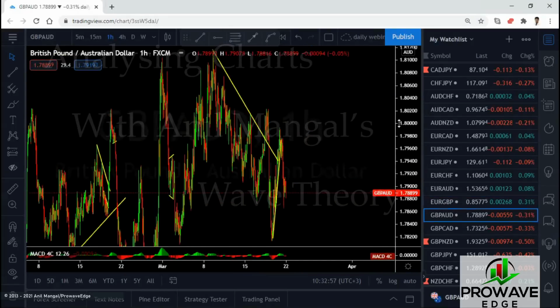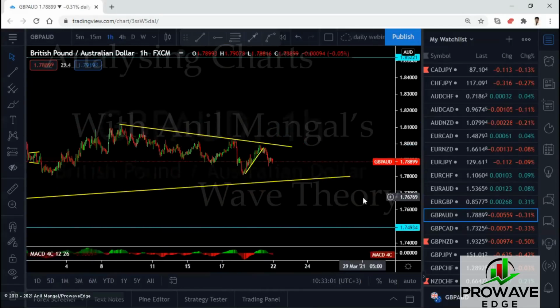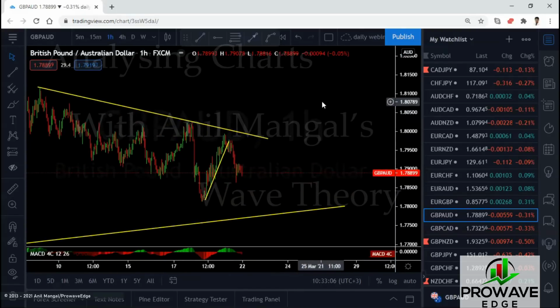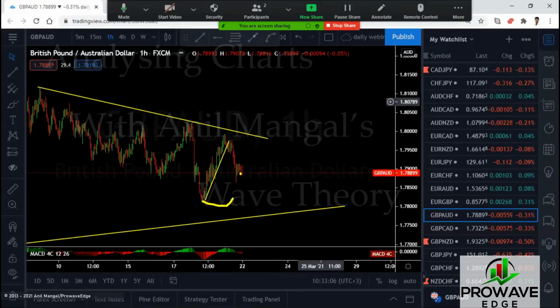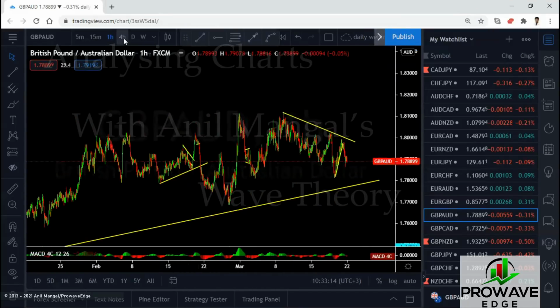Pound-Aus. Pound-Aus is going down. This was a sell setup here if you wanted. The first one was a sell. This one is a sell. It's a short-term sell. Come to only break this low. So when they break that low, this pattern eventually goes up, right? See this? The bigger structure is downside.